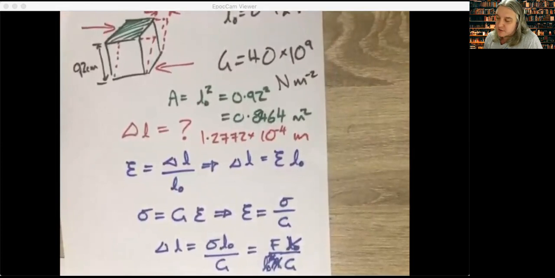You could also change it into millimeters, just to get more of a feel for the amount of shearing. And that is 0.133 millimeters. Remember, a millimeter is 10 to the negative 3. So that would give you 0.13 of a millimeter, slightly more than a tenth of a millimeter is how much it would skew.